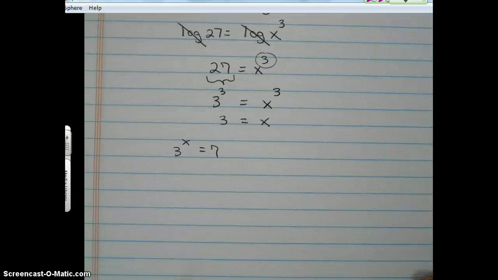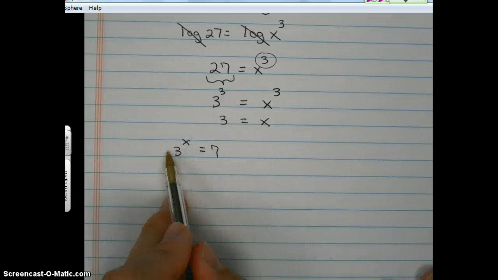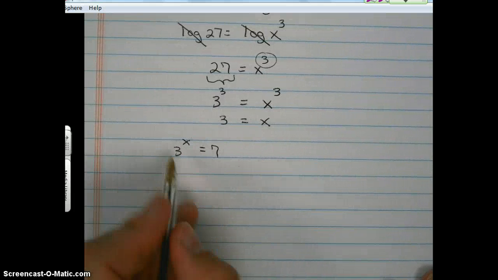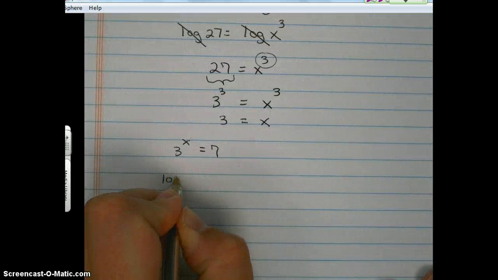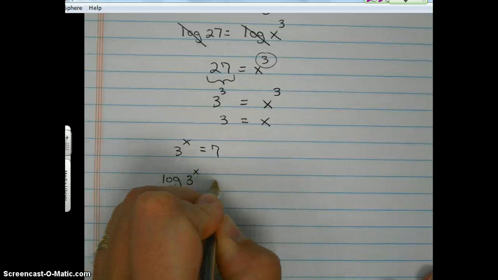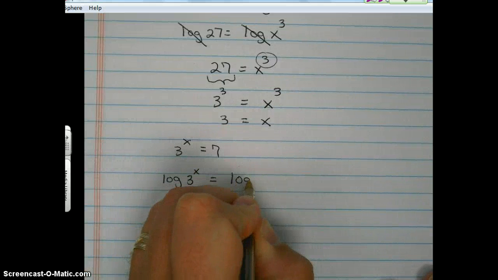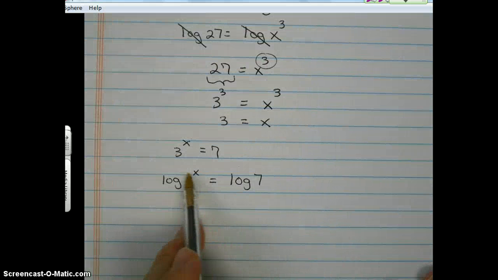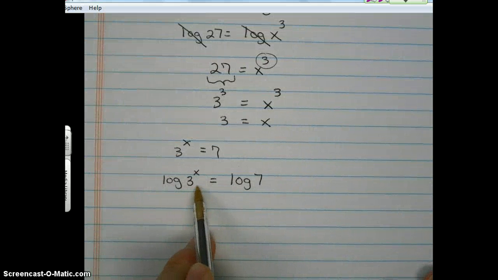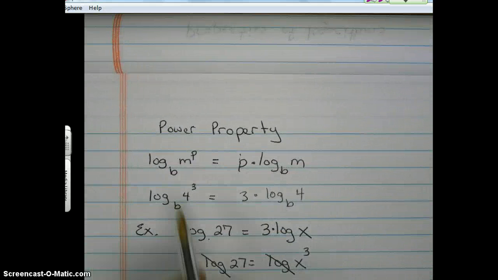Well, we can't make the bases the same here. So what we want to do is take the log of both sides. So we're going to have the log of 3 to the x equals the log of 7. And notice we have an exponent raised to an exponent, so we're going to use the power property.